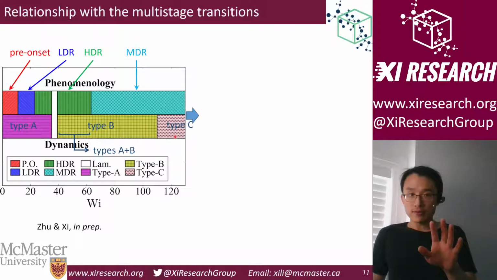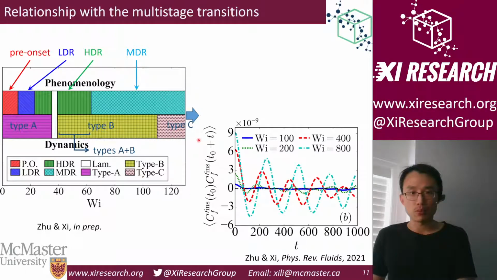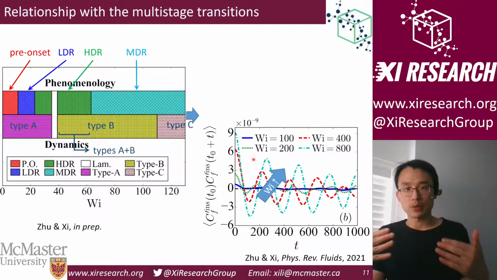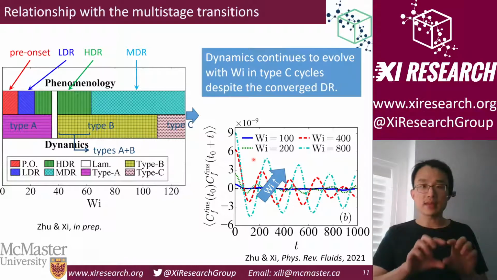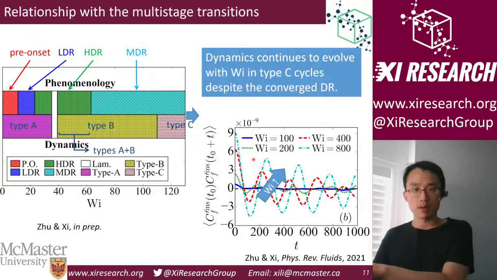If we look further into the type C cycles, here we just show the time correlation functions in type C cycles with increasing Weissenberg number. You can see that the fluctuations are getting higher, and the frequency gets lower, periods get longer as we increase Weissenberg number. So that means that even in type C cycle, it is not one type C cycle, but it keeps on changing with polymer properties.